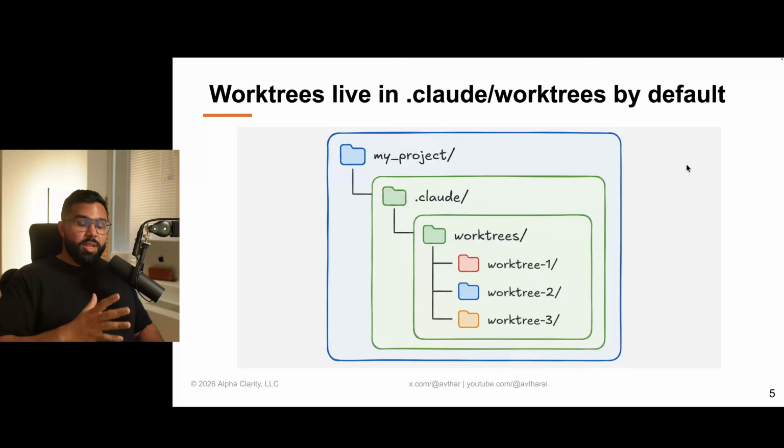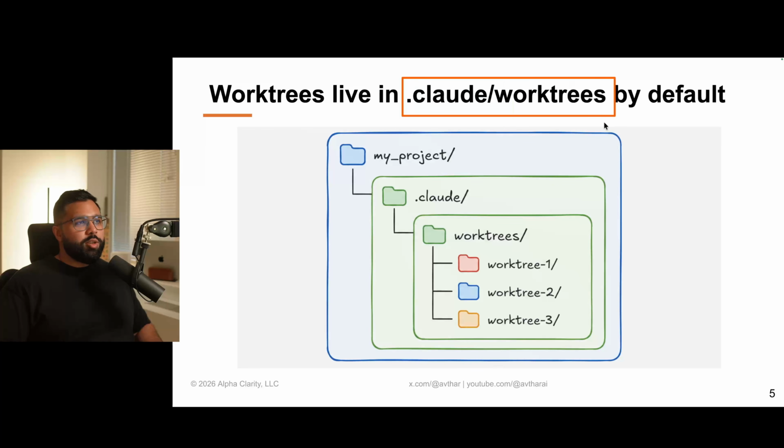I just want to touch on something that I mentioned earlier, which is where the worktrees that are created by Claude Code live. By default, the worktrees that you create using the --worktree or -w command live in the .claude folder, in particular the .claude/worktrees directory.